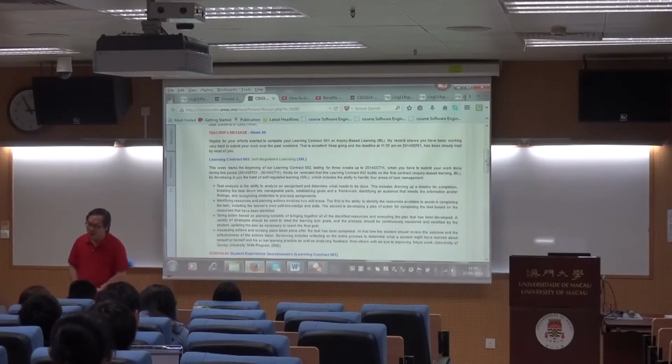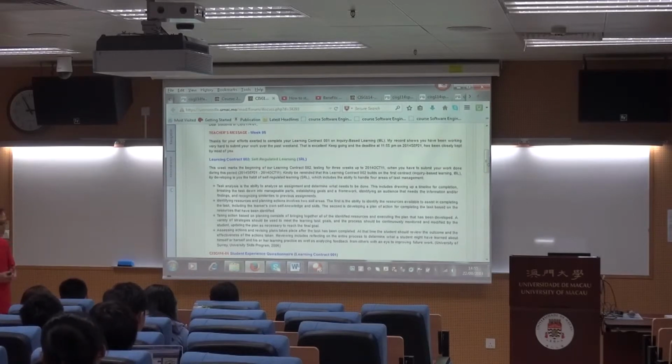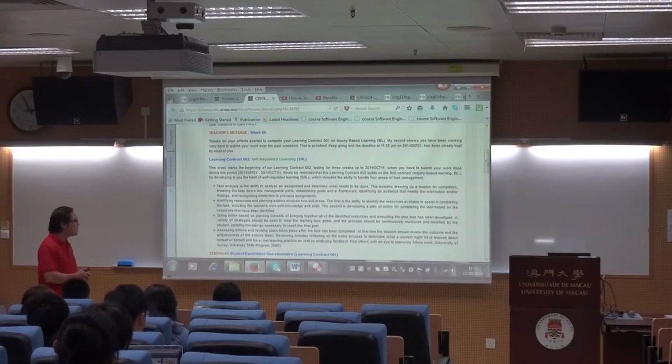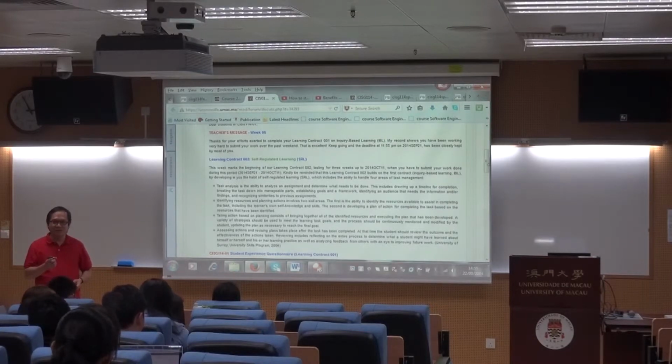What is meant by strategy? Now, if you look at the 2 learning contracts, the amount of work is similar. The point here is, in the second learning contract, you have more manpower, actually 2 times the manpower than in the first learning contract. The challenge is you must define what you need to get done.